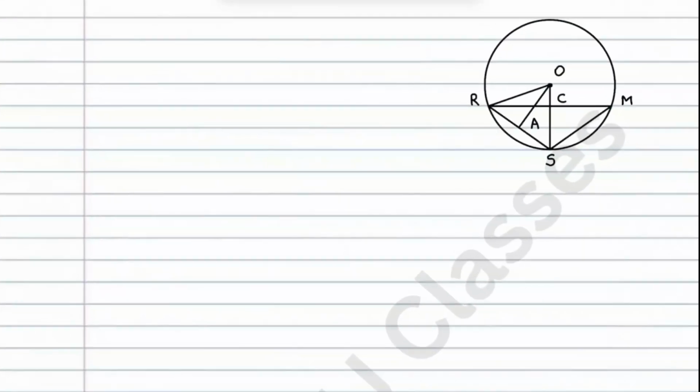So let us look at the question. Three girls, Reshma, Salma and Mandeep are playing a game by standing on a circle of radius 5 meter drawn in a park. So radius of this circle is equal to 5 meter.